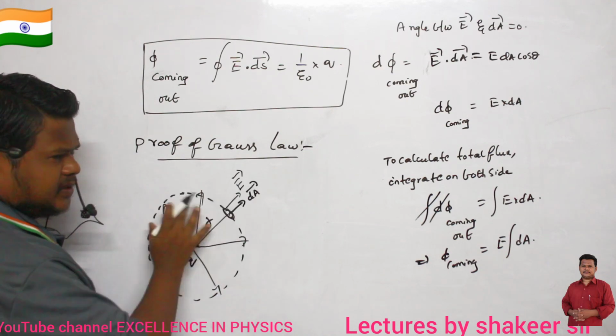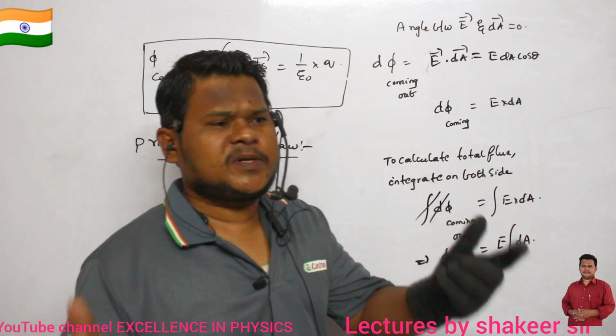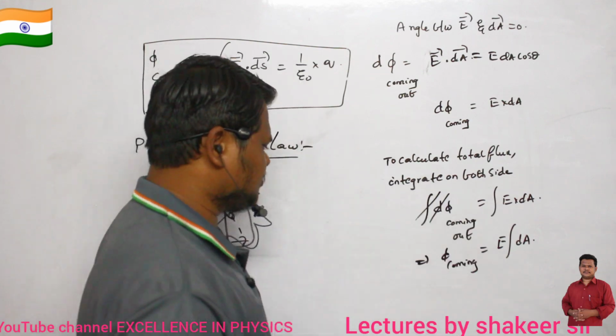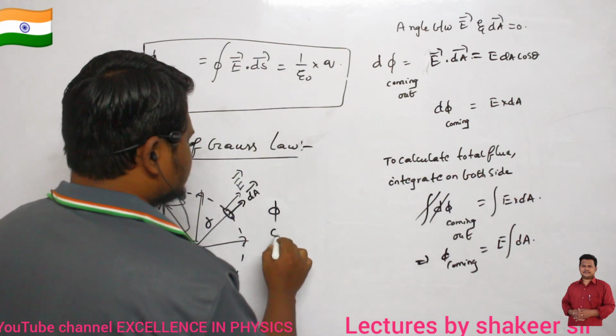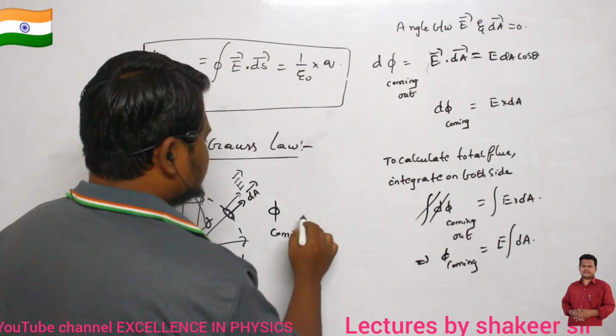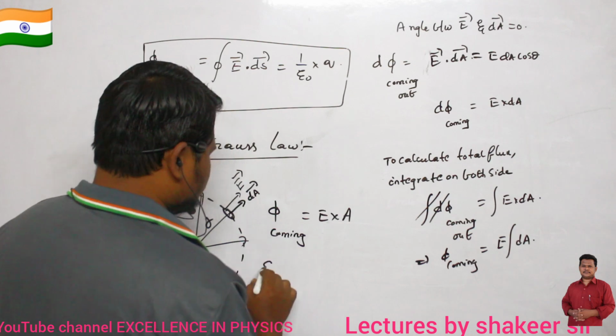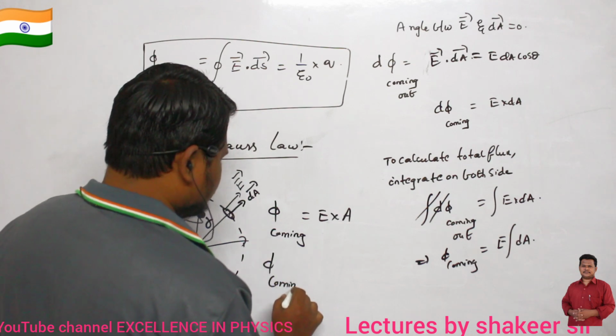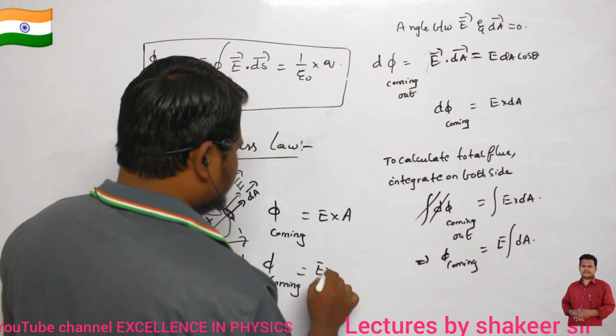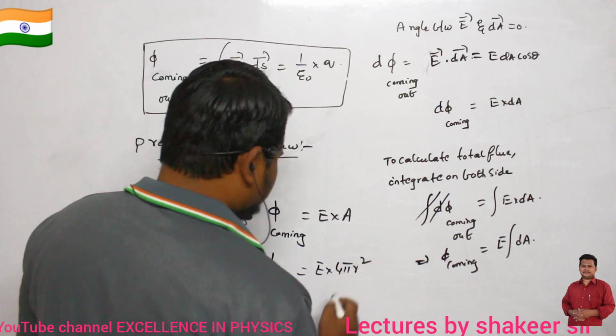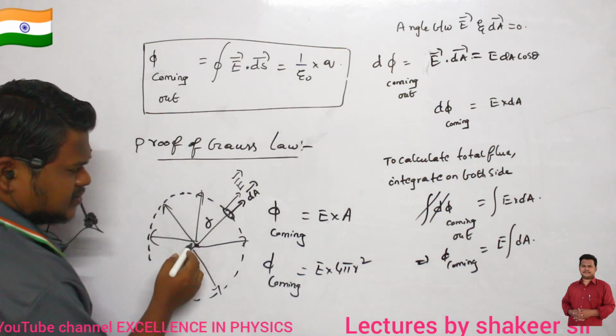Then the total area of a sphere is 4 pi r square. So therefore, flux coming out of a surface is equal to E into the total area A. So flux coming out is equal to E into 4 pi r square. Clear? So this is a point charge, same.